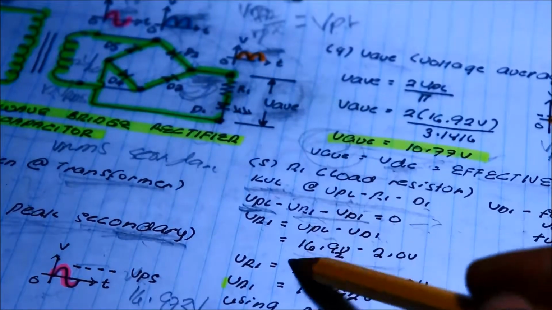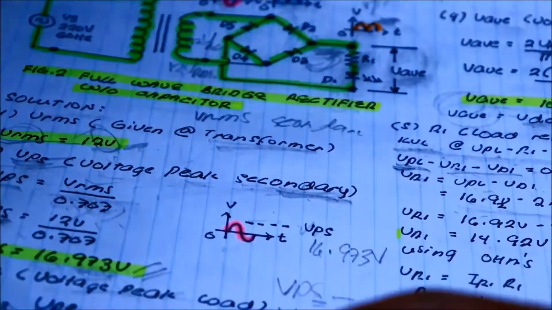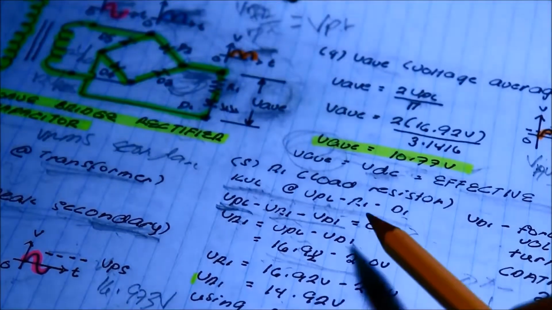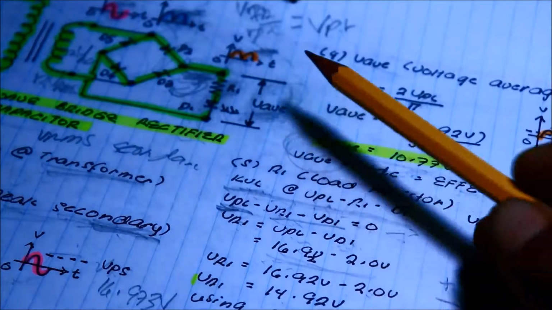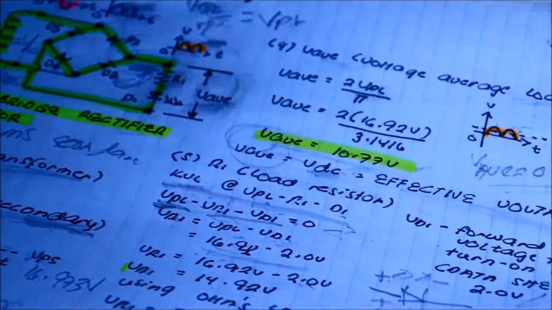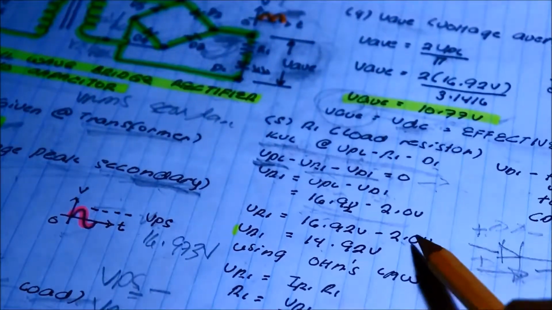Substitution, we know the voltage peak of the load, which is 16.92 volts. And then the voltage rating of the LED, see, 2 volts. We already know that. That is the required voltage of the LED to turn on.